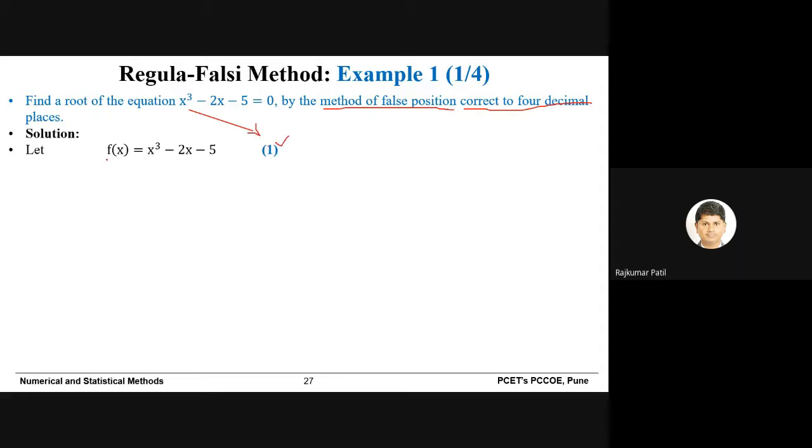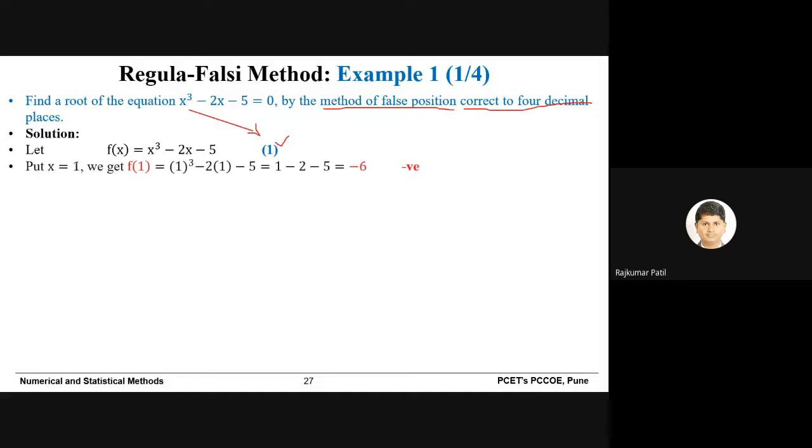So f of x is equal to x cube minus 2x minus 5 will be your equation number 1. Now, in case of the regula falsi method, again, we need 2 initial approximations. So we will find the 2 initial approximations between which the root will be.